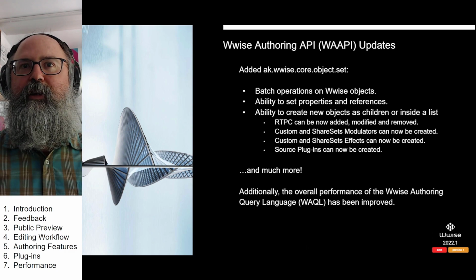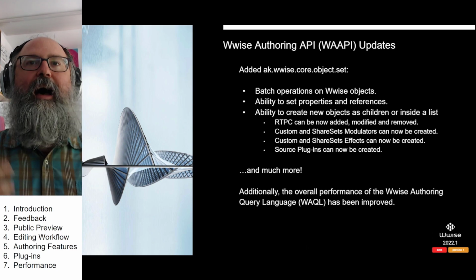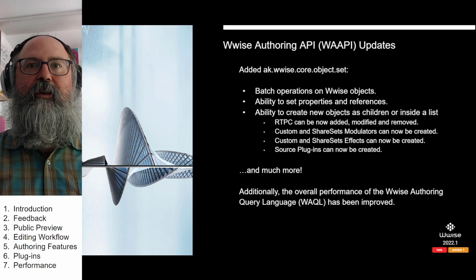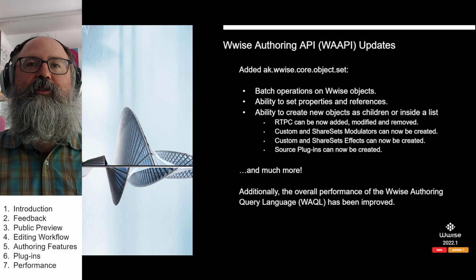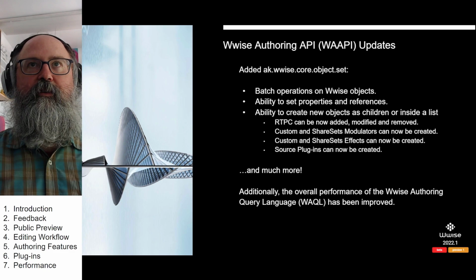So dig into it. I know folks are getting excited about it, and we will continue to invest in that to allow people to extend what they do with Wwise and Wwise authoring outside of what's there by default.